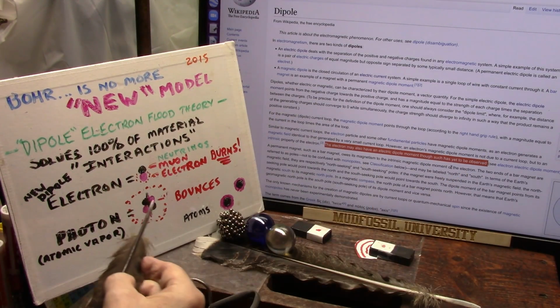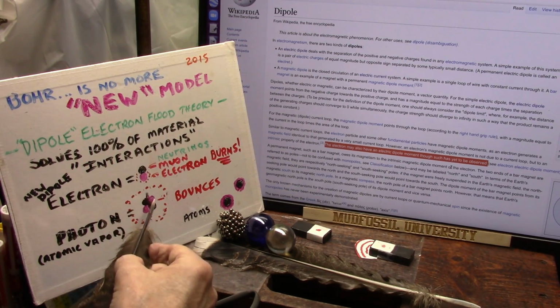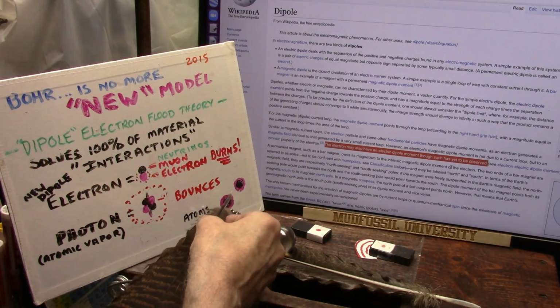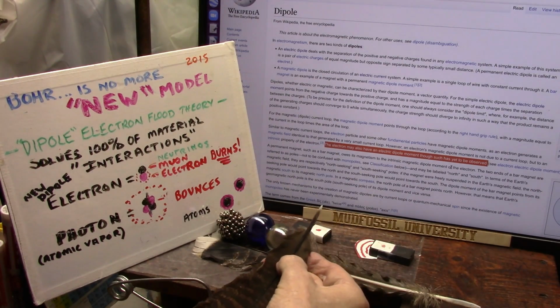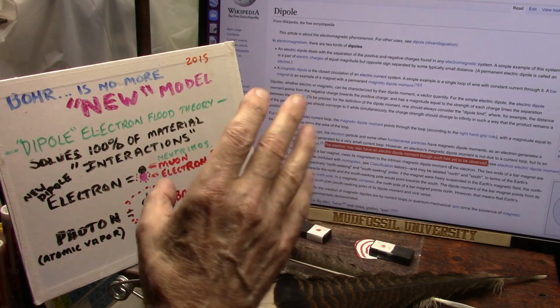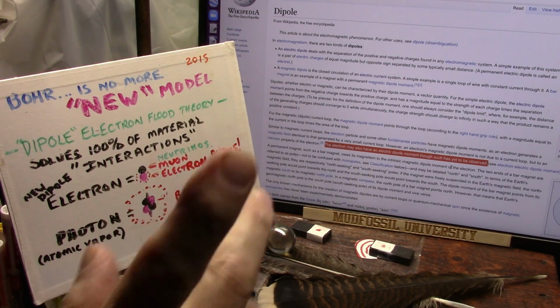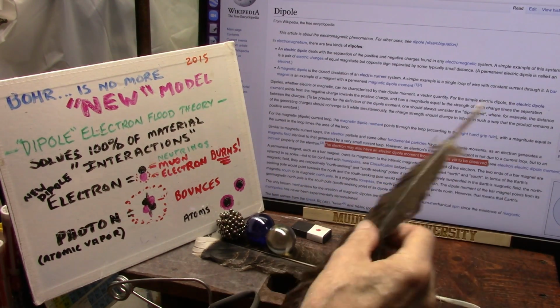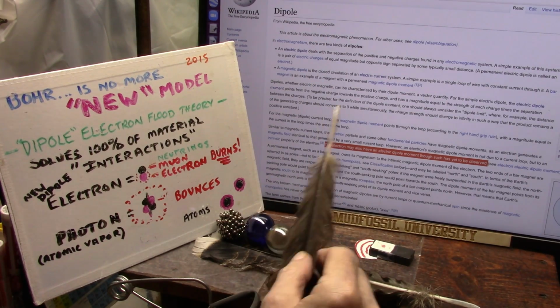Nobody's ever seen it. The only reason we saw it was because we broke apart light. If we didn't break apart the light, you don't see these dark, well, they see them at CERN. Let me show you, or at Fermilab. Let me show you their work, and then you'll understand my work. But the nature of this whole thing is that there is nothing more than dipoles.